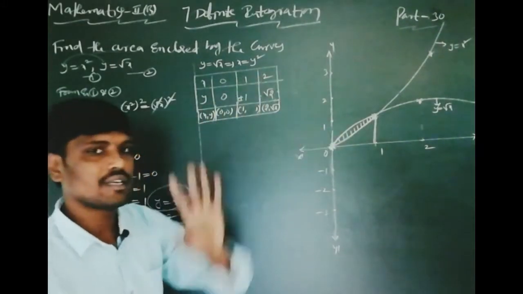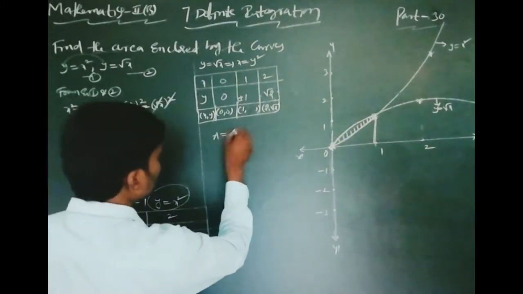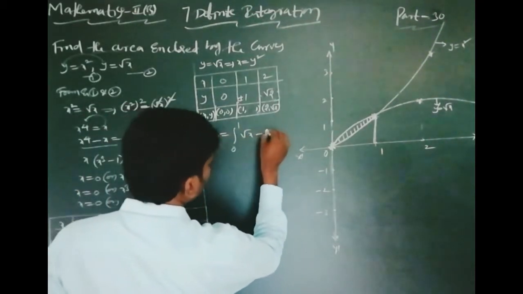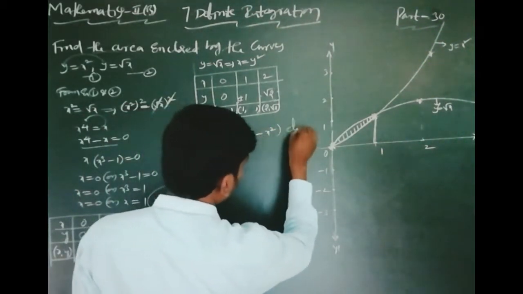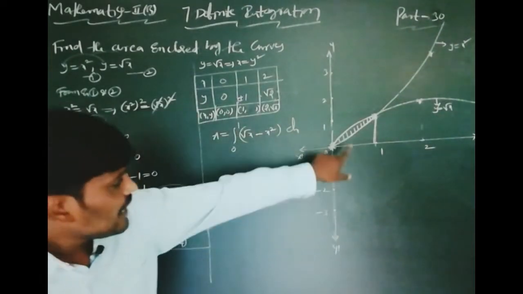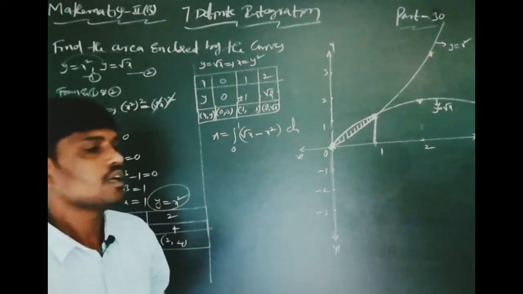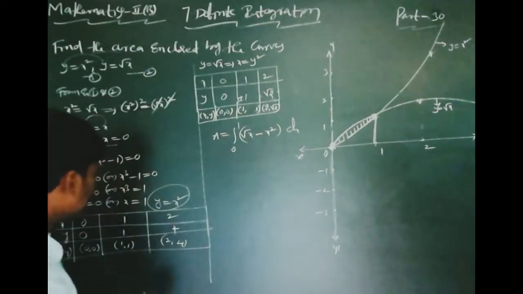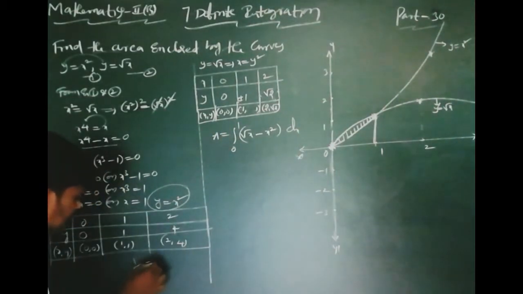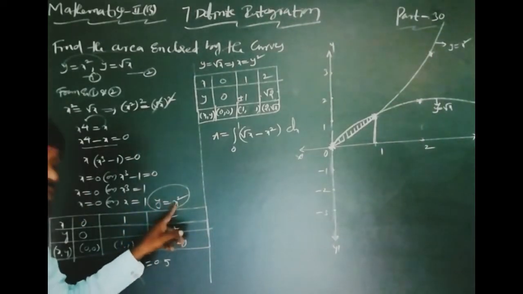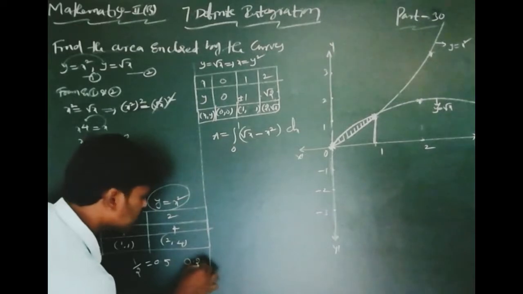Root x is greater. That's why area A is equal to integral 0 to 1 of root x minus x square whole dx. Correct or not, friends? Here in these two curves, the root x curve is greater. Here you can write 1 by 2, 0.5 value. You get y value 0.5 whole square, nothing but 0.25.